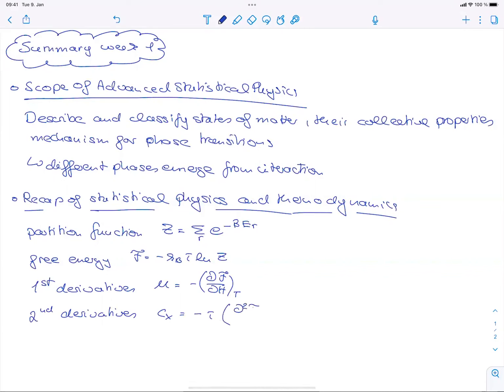And then this is the second order derivative with respect to temperature. Or for magnetic systems, this is the susceptibility. And these second order derivatives we also termed response functions.